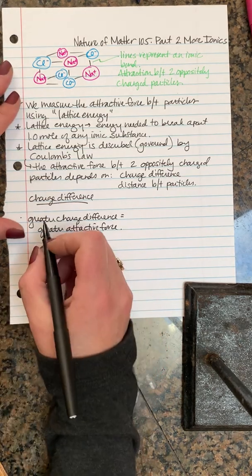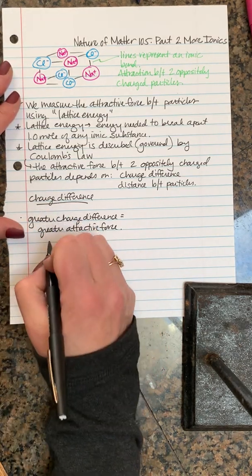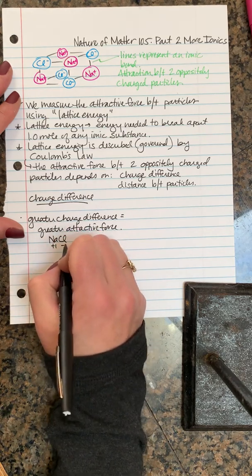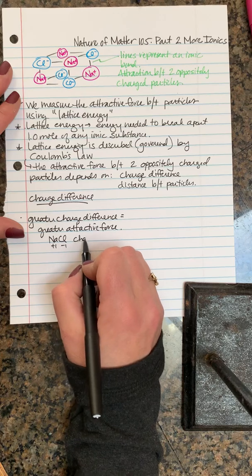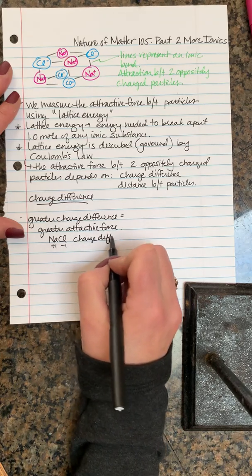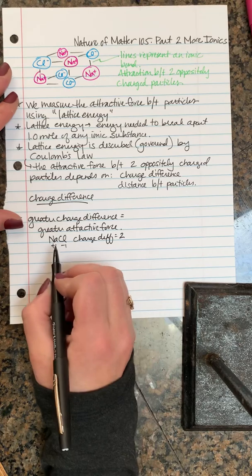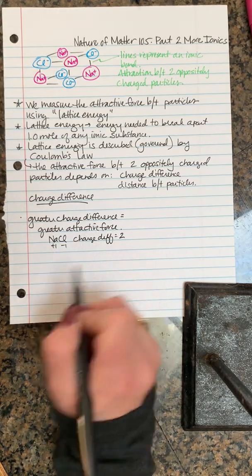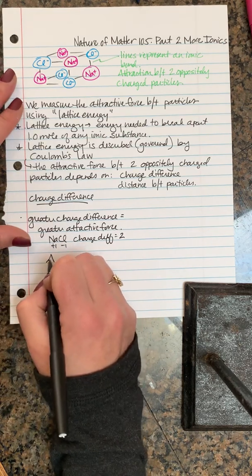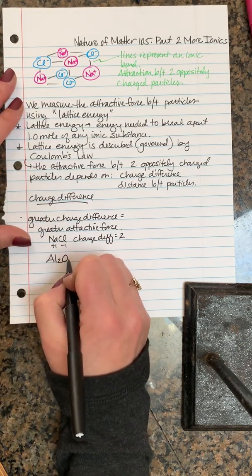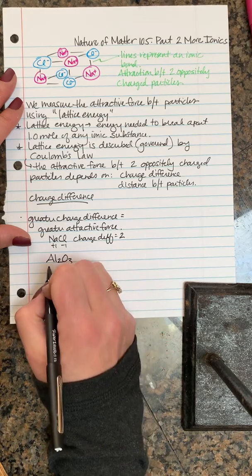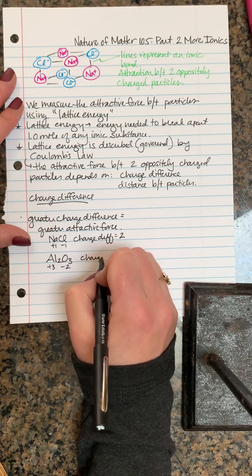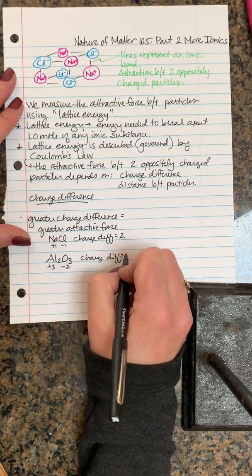So let's say, for instance, that we're looking at a substance like sodium chloride that has a +1 and a -1. The charge difference there is 2. Like if you're on a number line and you're walking between +1 and -1, you'd have to take 2 steps. If you're looking at something like aluminum oxide, Al2O3, aluminum has a +3 charge and oxide has a -2 charge, where the charge difference is 5.